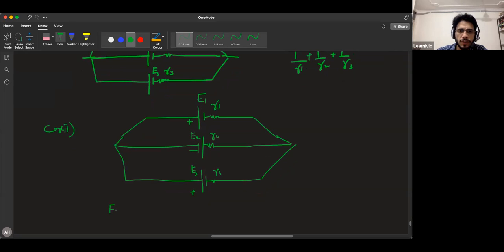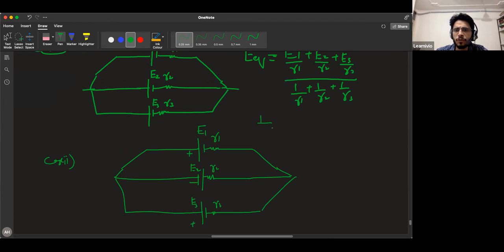So the equivalent EMF is E1 positive, E2 negative, and E3 positive. The internal resistance in both cases is the same, since the internal resistances are connected in parallel: 1 by R1 plus 1 by R2 plus 1 by R3.